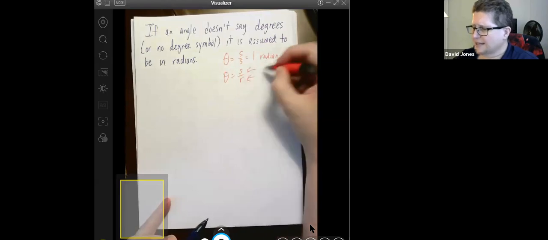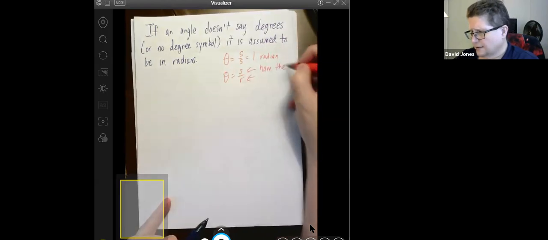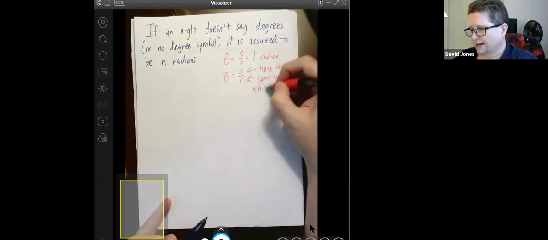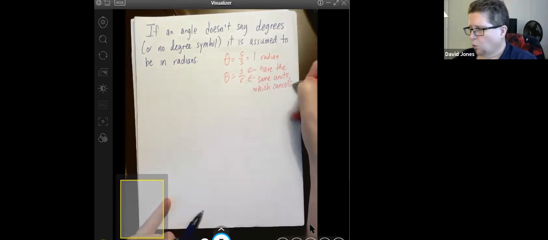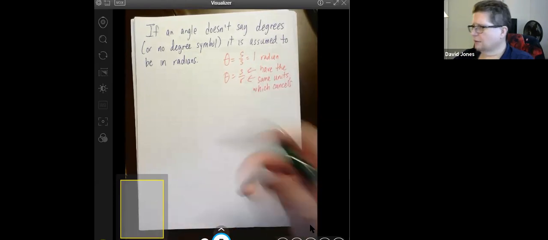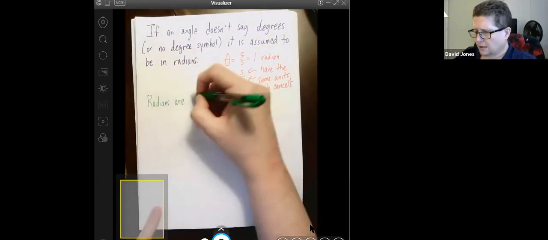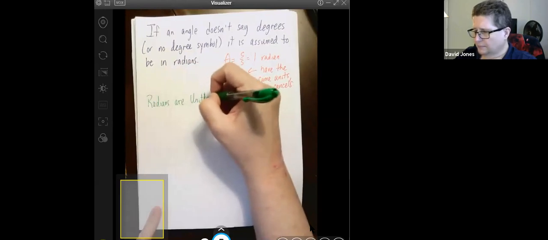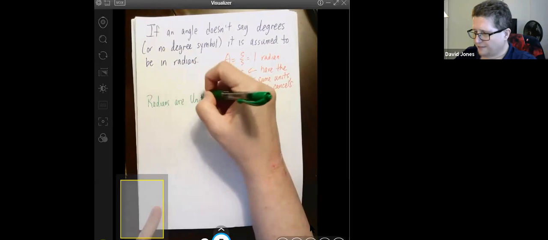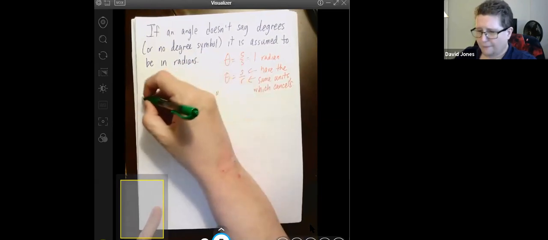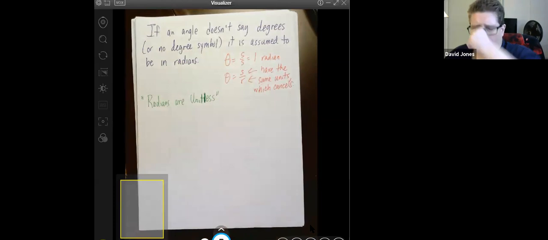S and r have the same units, which cancel when we divide like this. What this tells us is that radians are unitless. So we don't even say them. The only time I specify radians is either when I'm first teaching a subject or when I'm dealing with someone that is so used to working with degrees, I really need to make sure they know I'm not talking about degrees. Okay.